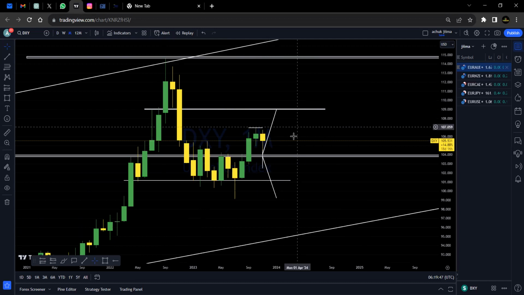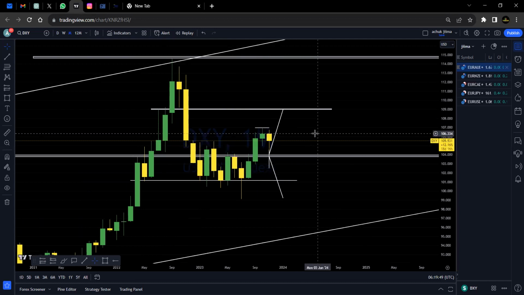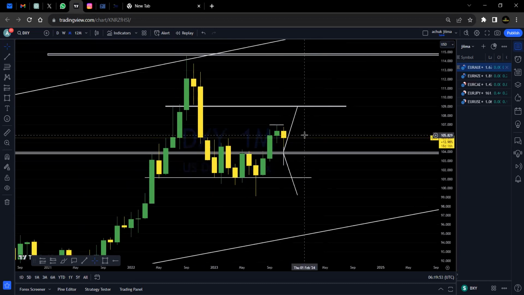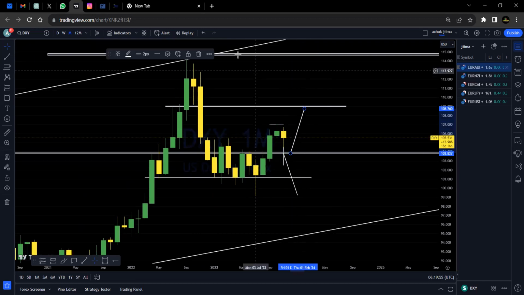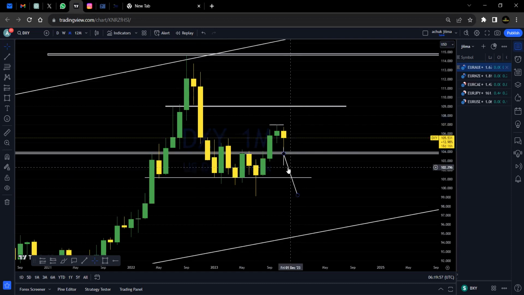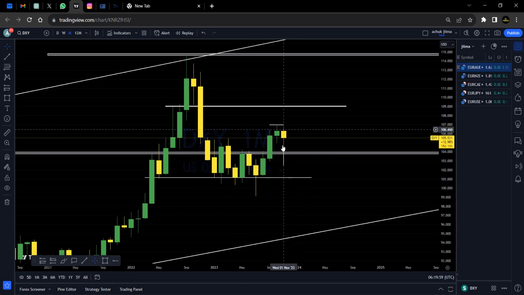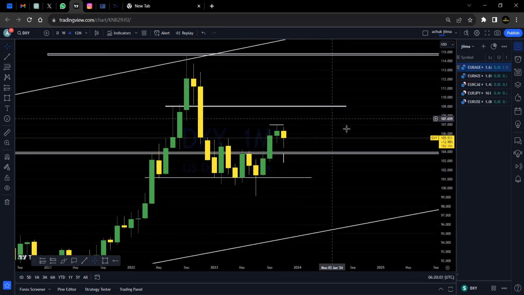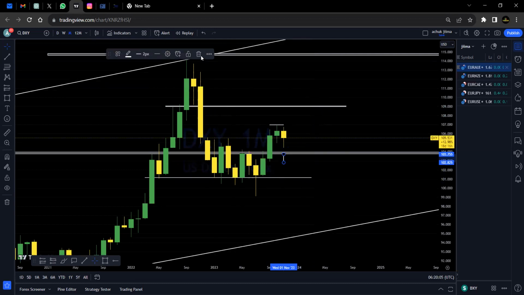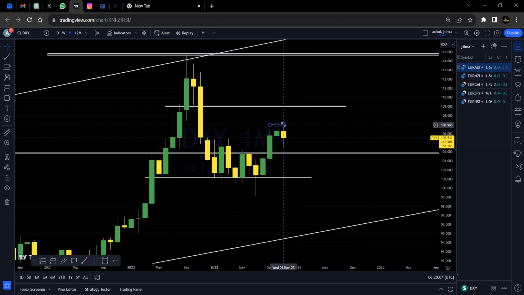So this is on the monthly, and this is what we were expecting. We wanted to see price come into this support before we can actually begin to buy, or at least we want to see this resistance broken.